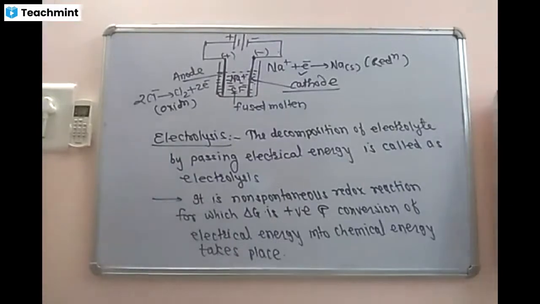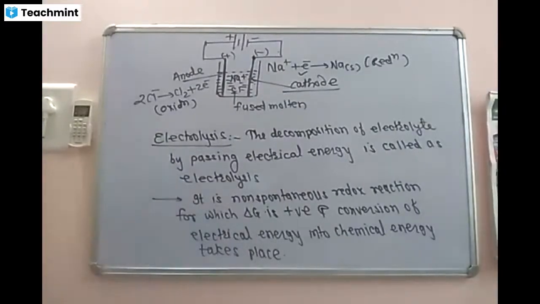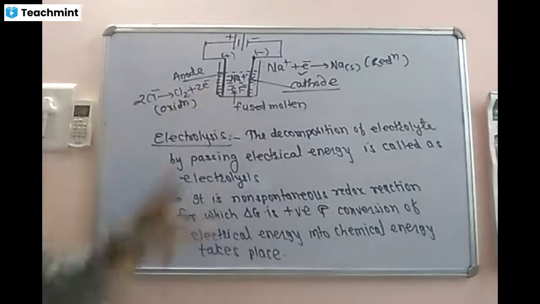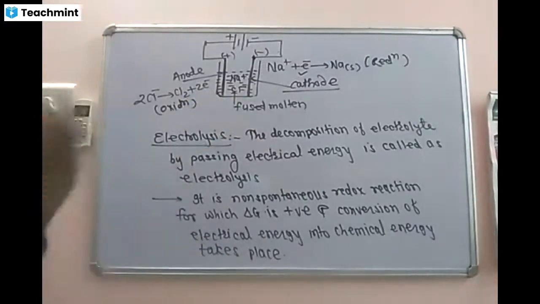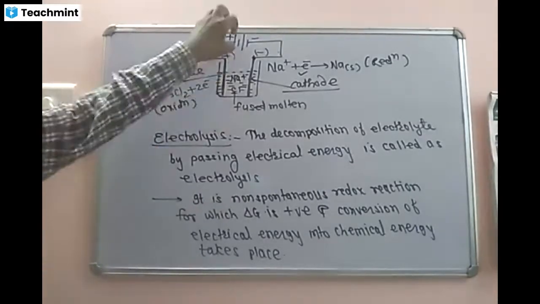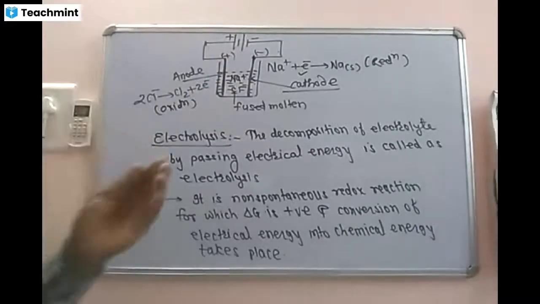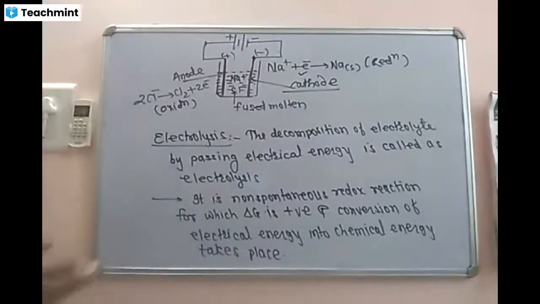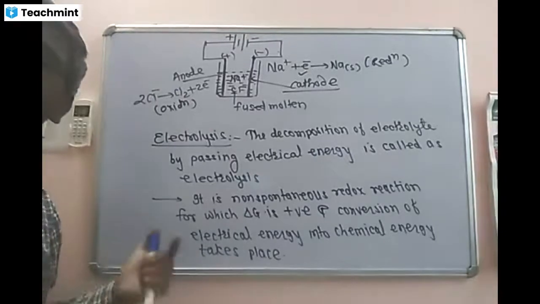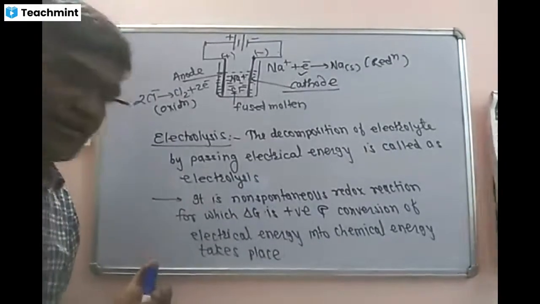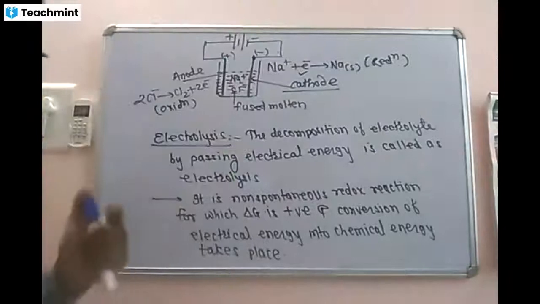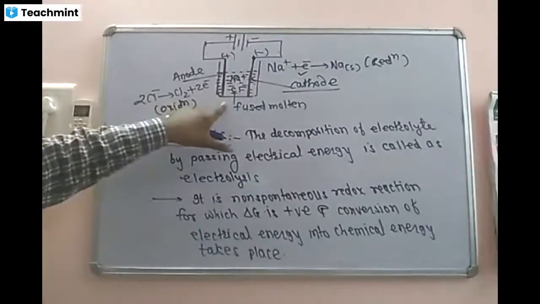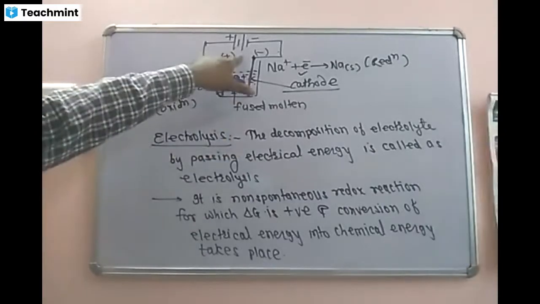And now for carrying out the electrolysis, you need electrolytic solution, one thing. Second thing, you need two electrodes that are either metal electrodes or metal rods, or graphite rods can be used here, and then a source of electrical energy, that is cell or battery, is required. So overall this combination is known as electrolytic cell. Electrolytic cell is a device or arrangement which consists of electrolytic solution, two electrodes and a battery.